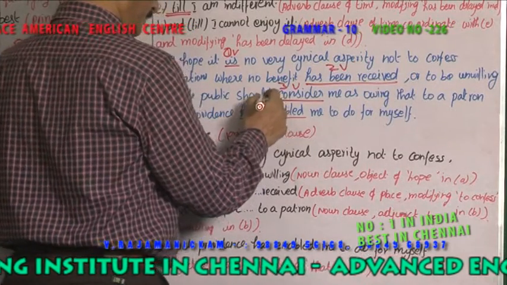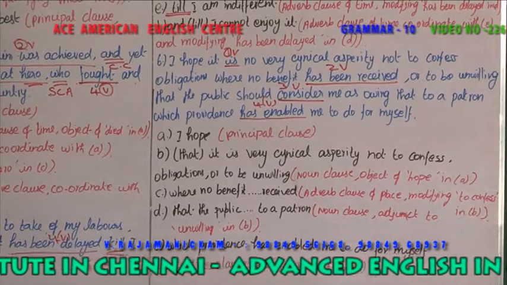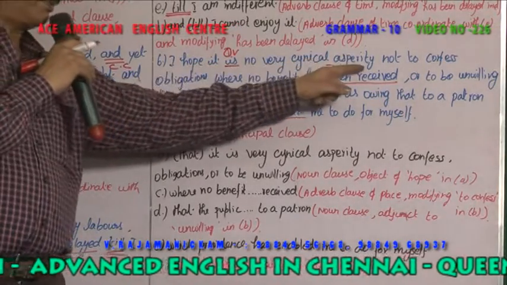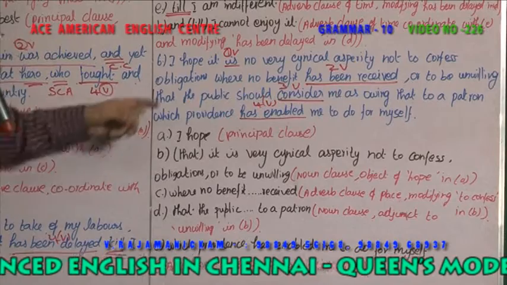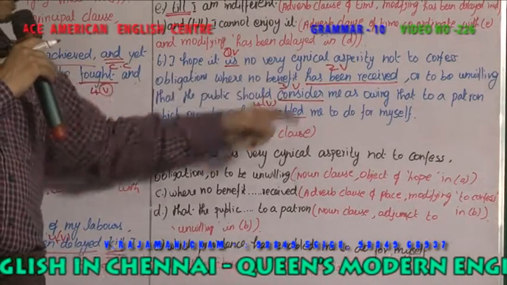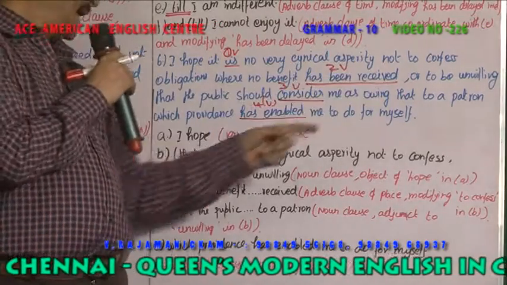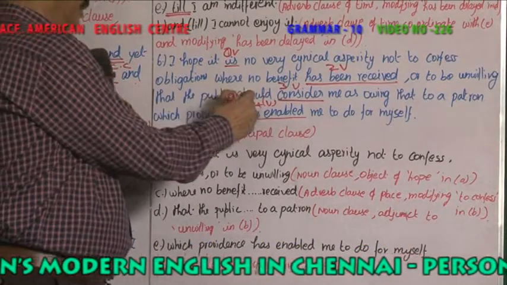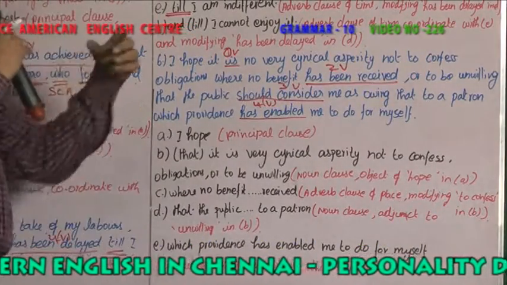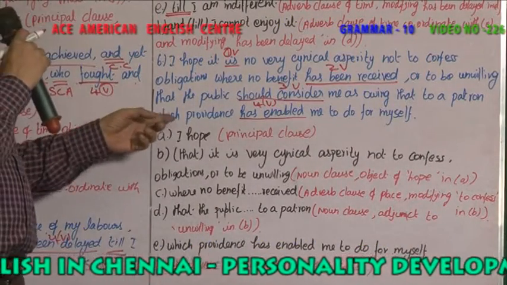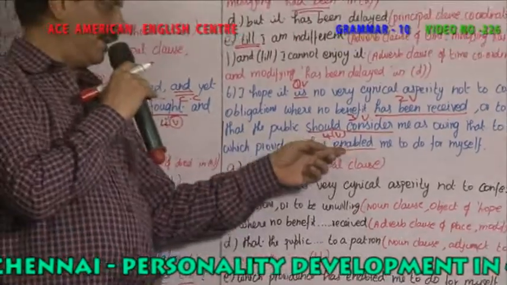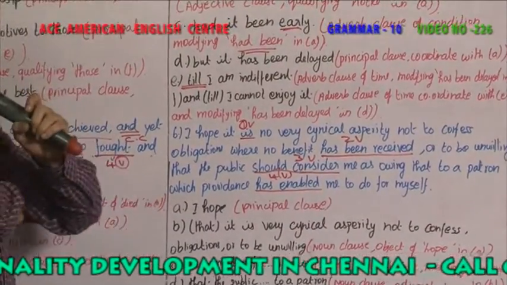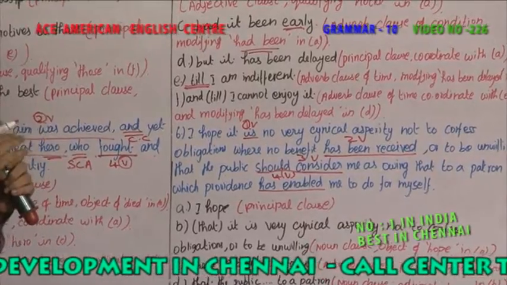Any other verb? "Should consider" is a two-word verb. So how many verbs are there? Four verbs are there, so four sentences should be there.